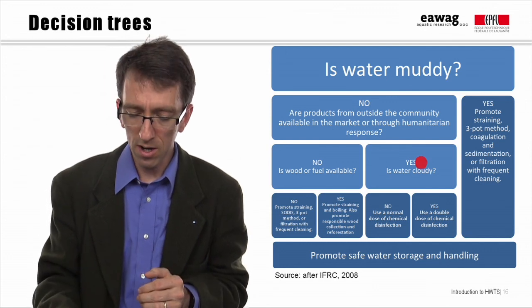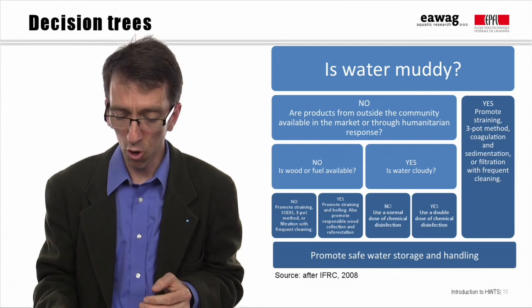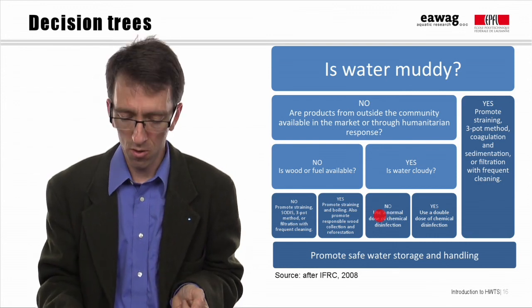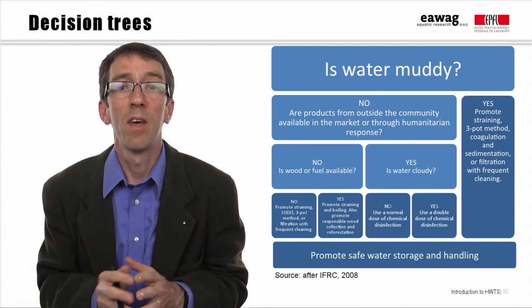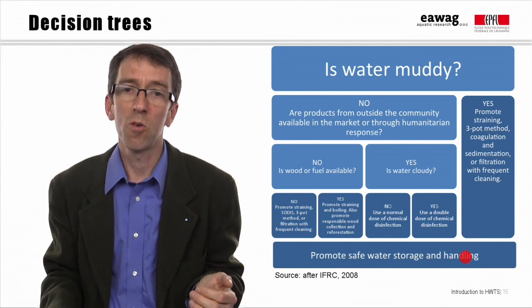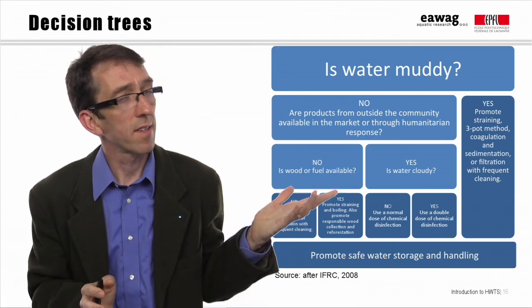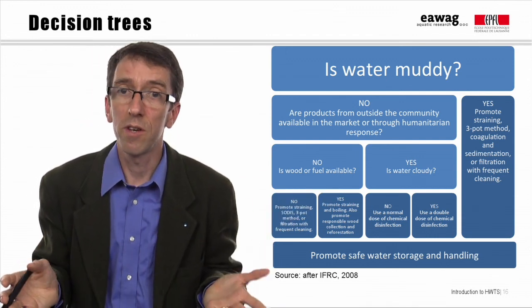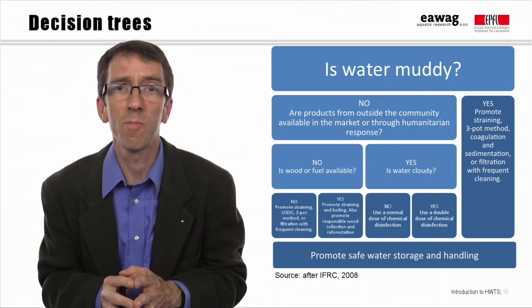If HWTS products are available, then the tree directs you towards chlorine, either with a normal or a double dose, depending on the turbidity. In all cases, safe water storage and handling is to be promoted. So that's one example of a decision tree for a particular context, that of HWTS in emergency response.